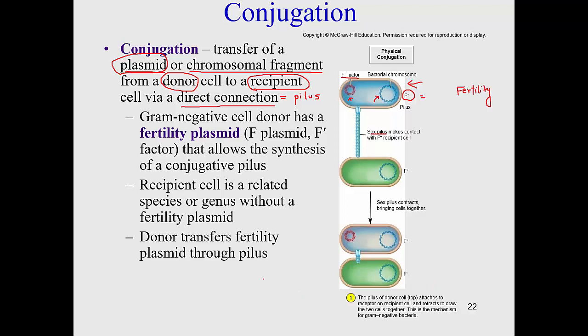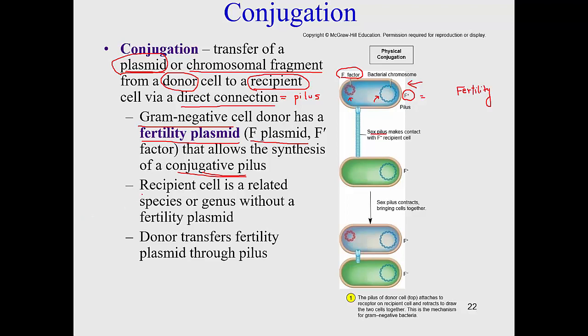These are usually done by gram-negative cells, and only if the gram-negative cell has that fertility plasmid, the plasmid with the F factor in it. That plasmid with the F factor gene in it is called the F plasmid, fertility plasmid. Only those cells can make the pilus. So only in gram-negative cells, and only if they have the F factor gene in their plasmid.